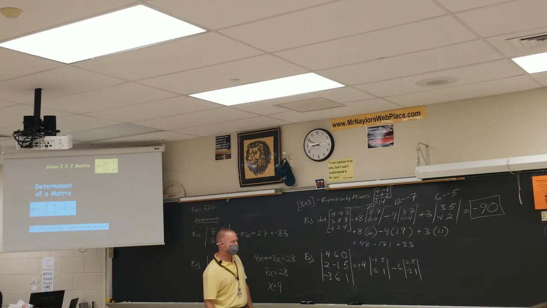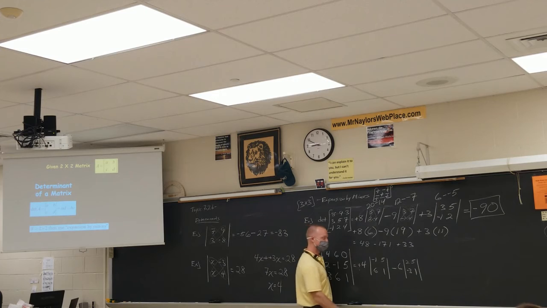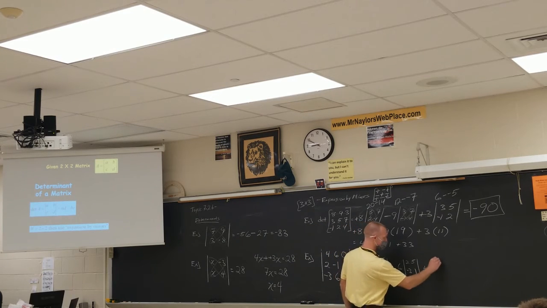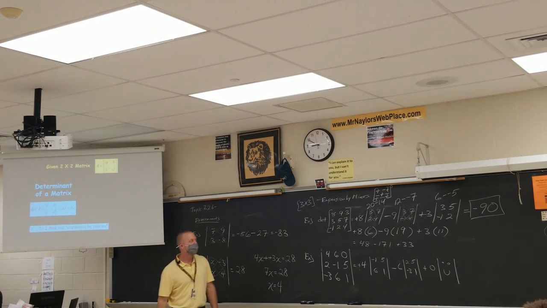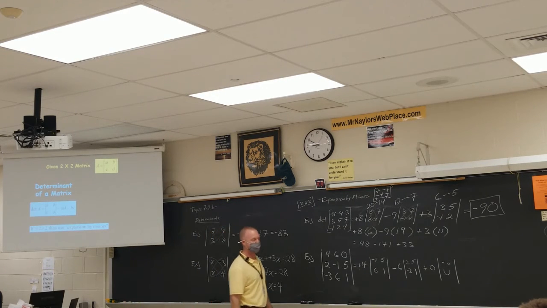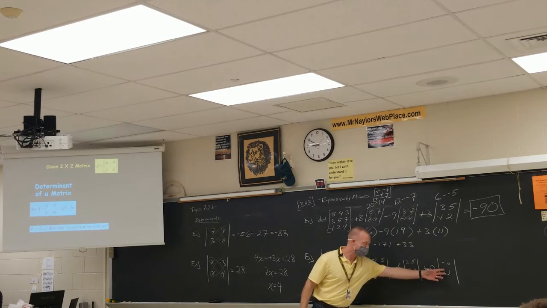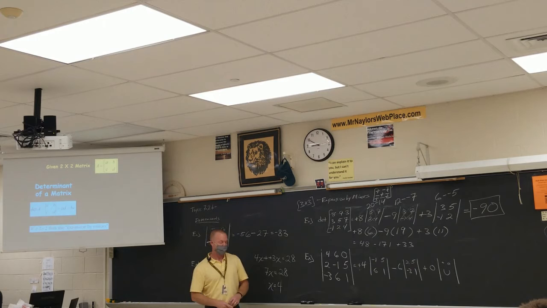If at any time you want to just take a glance up here, I know it's a lot of numbers to look at. Maybe you want to focus on your paper and see if it comes out the same, but you're welcome to look up here and compare. I also have given somewhat of a subtle hint for the last minor matrix. I'm not really trying to be funny here, but I'm giving a true hint about how you can use the number 0 to make your life a little easier.